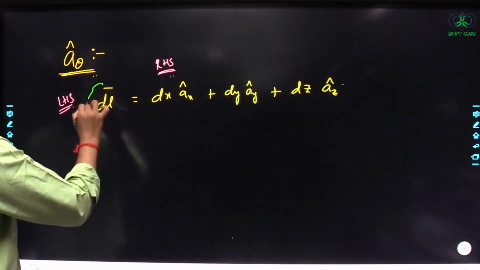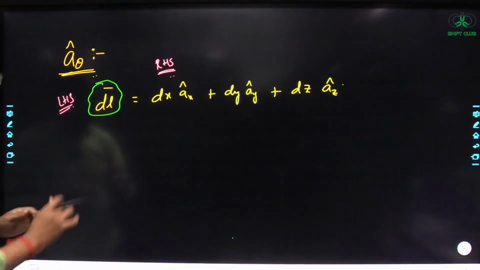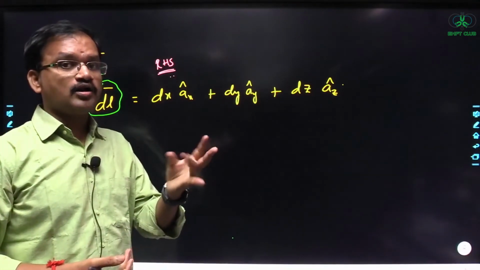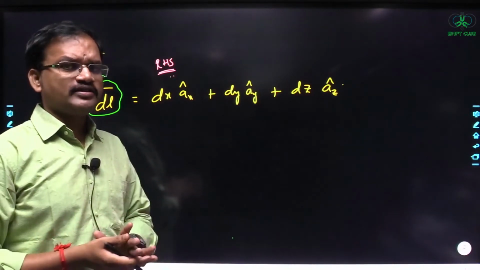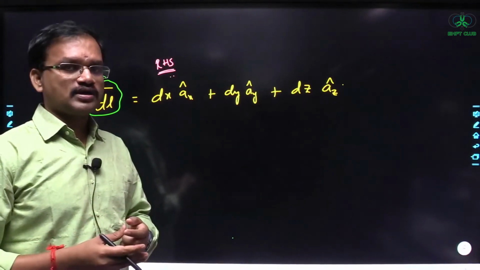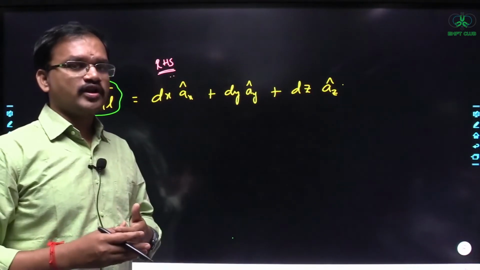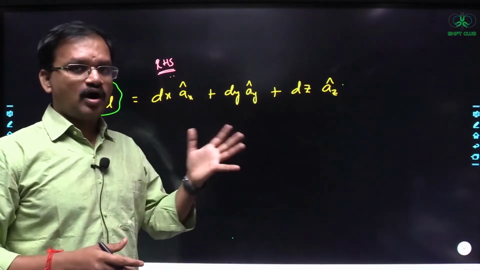Try to determine the differential length by varying only theta, keeping r and phi constant. By varying only theta means by default you have to understand that r and phi are constant. So there is no need to say every time that r and phi are constant.